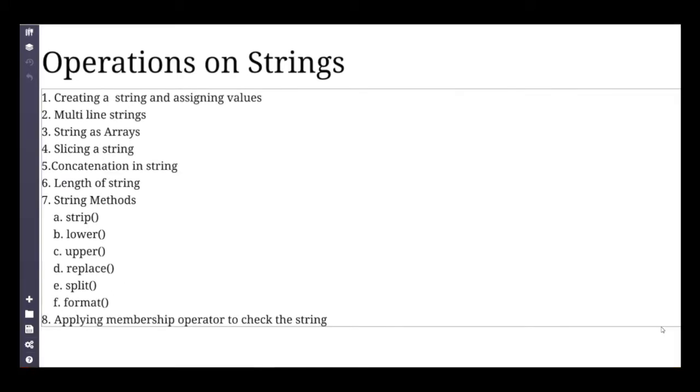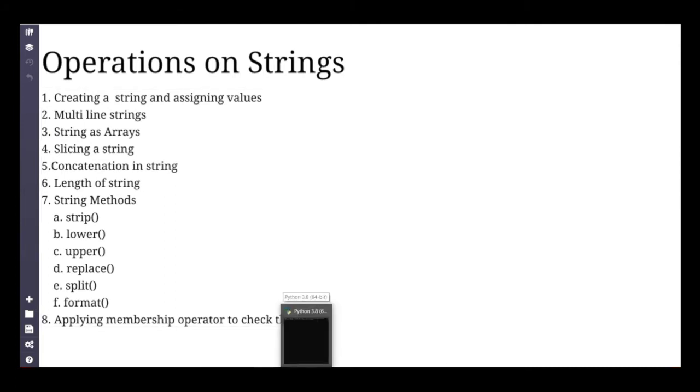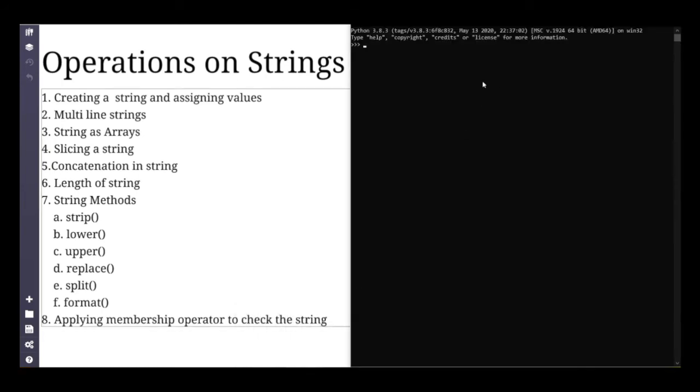Let's understand concatenation in strings. It is very similar to what we discussed in lists and tuples. We just create 2 strings and then add them. Let's create text1, which is equal to hello, and then I create another string text2 right here, world.